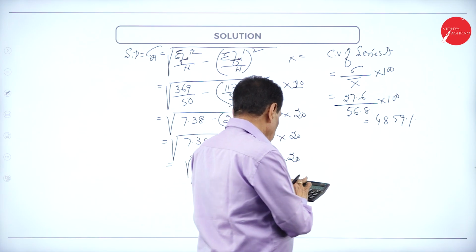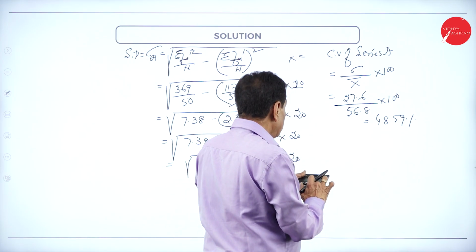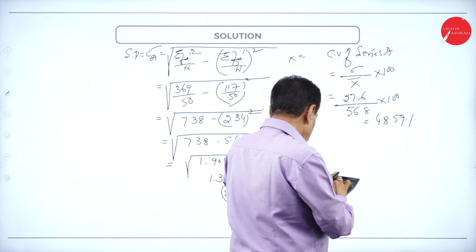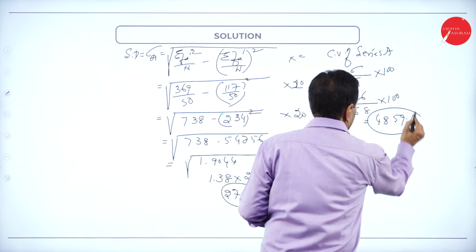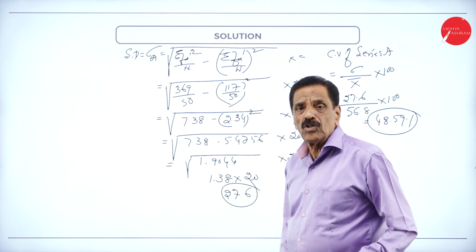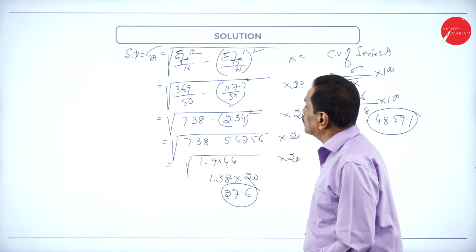This is 48.59%. This goes in favor of A. Now we have done series A, and we can move on to series B.